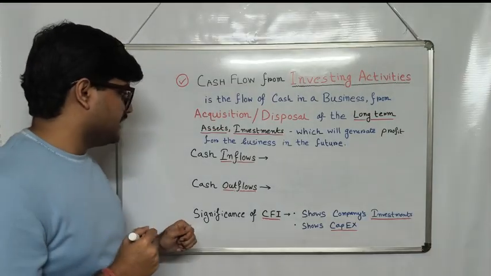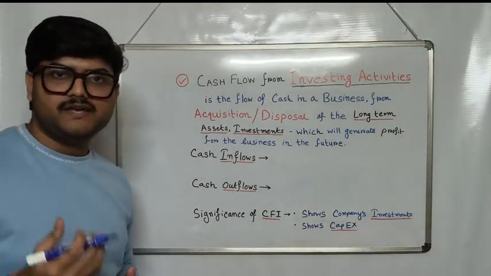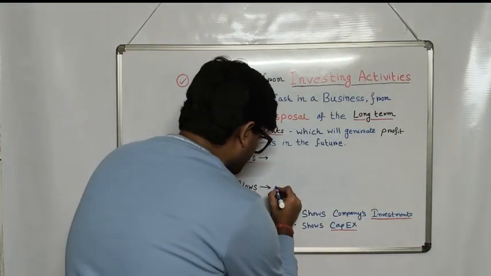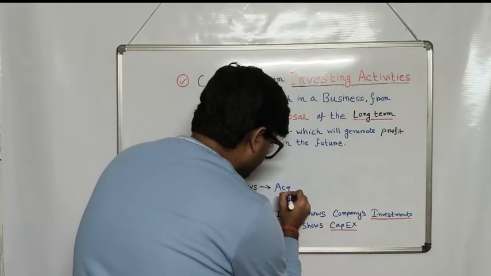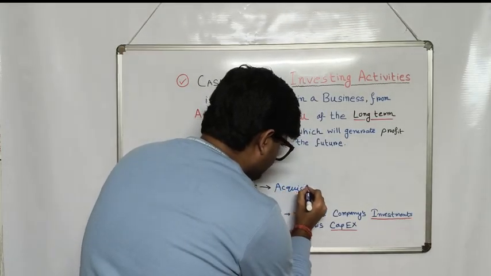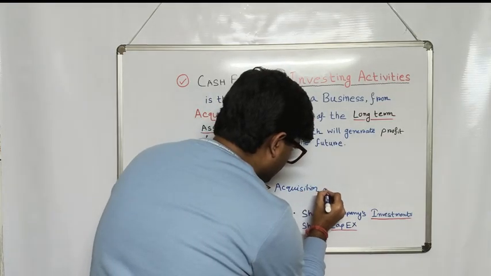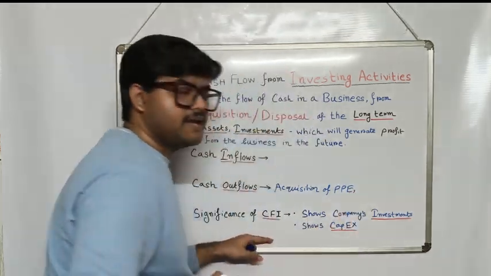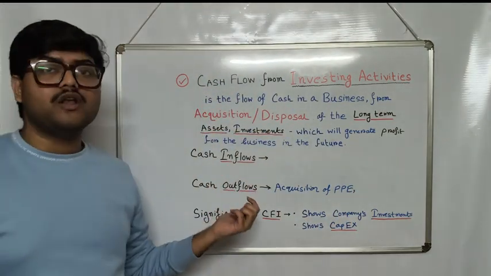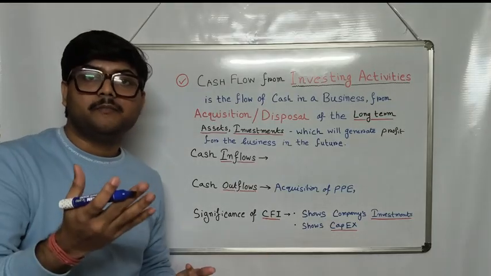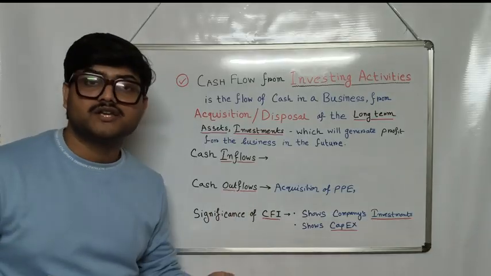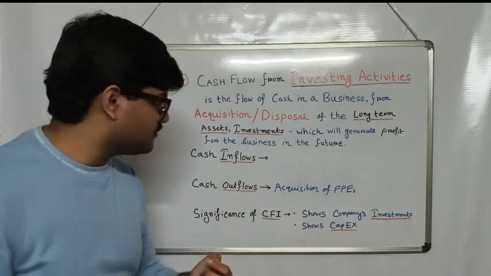So it is the acquisition of PPE, that is we are buying fixed assets. Acquisition of PPE. Now you can also purchase securities, that is shares or bonds, from other companies as well.